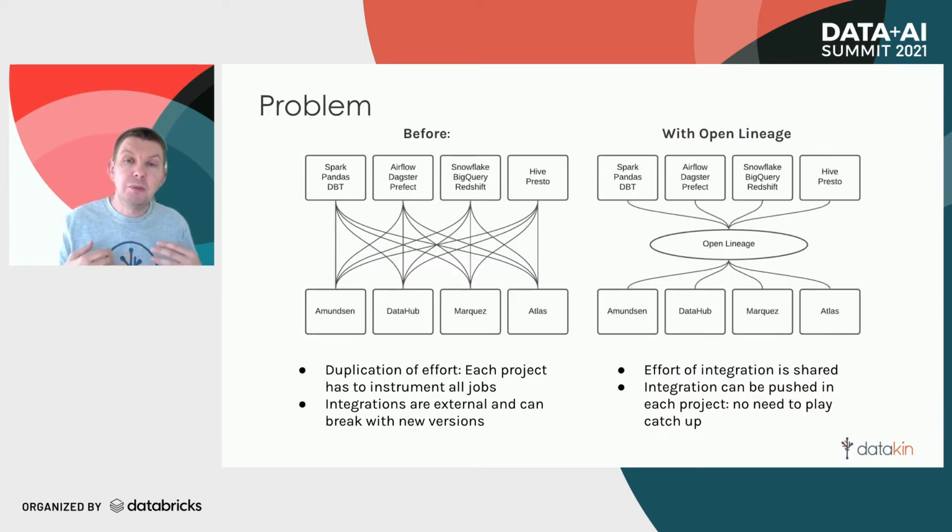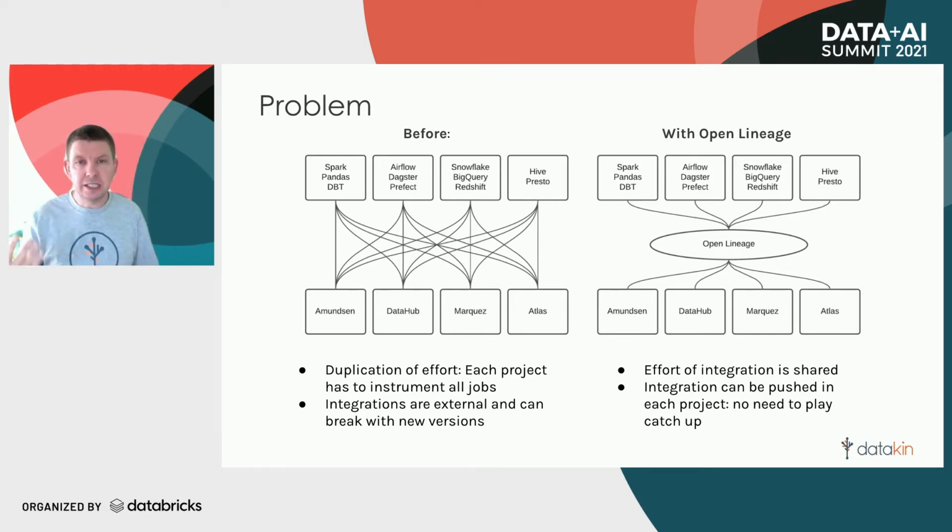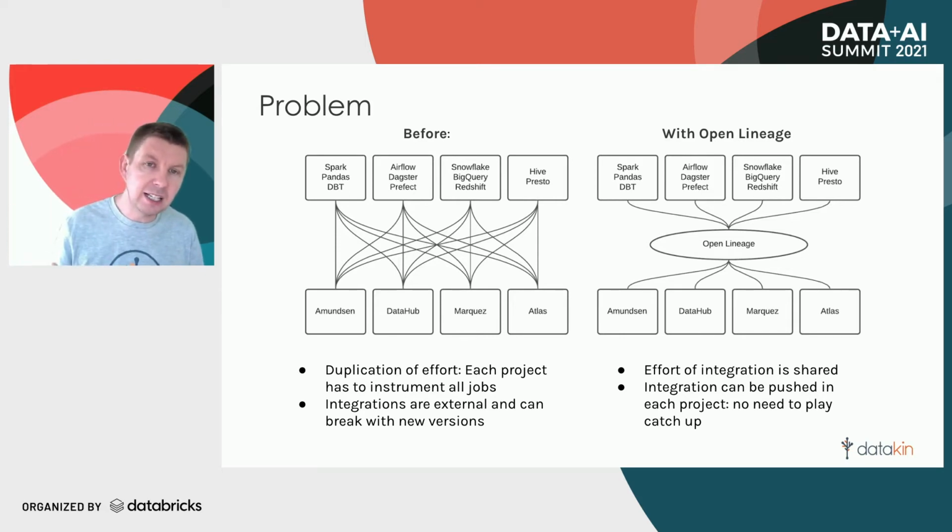Before OpenLineage, there are a bunch of projects that are interested in collecting data lineage. Things like Amundsen, Data Hub, Marquez, Atlas, and others are all projects that are interested in visualizing lineage and understanding lineage across the data ecosystem.